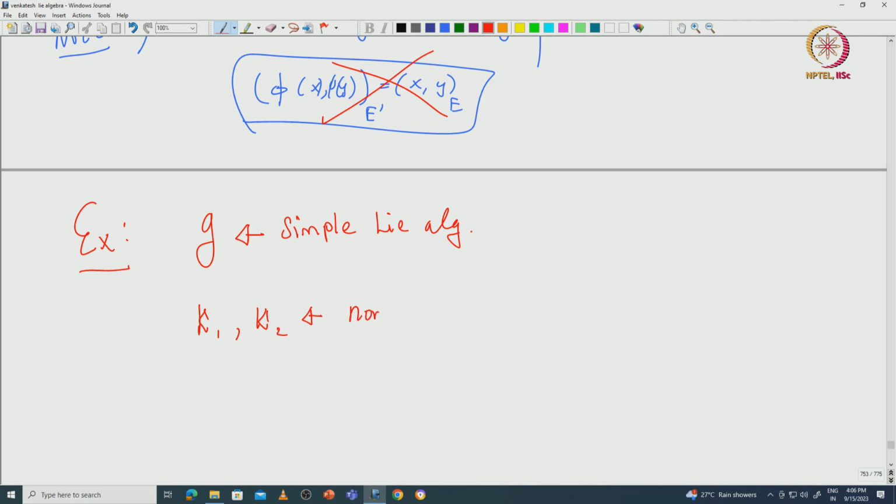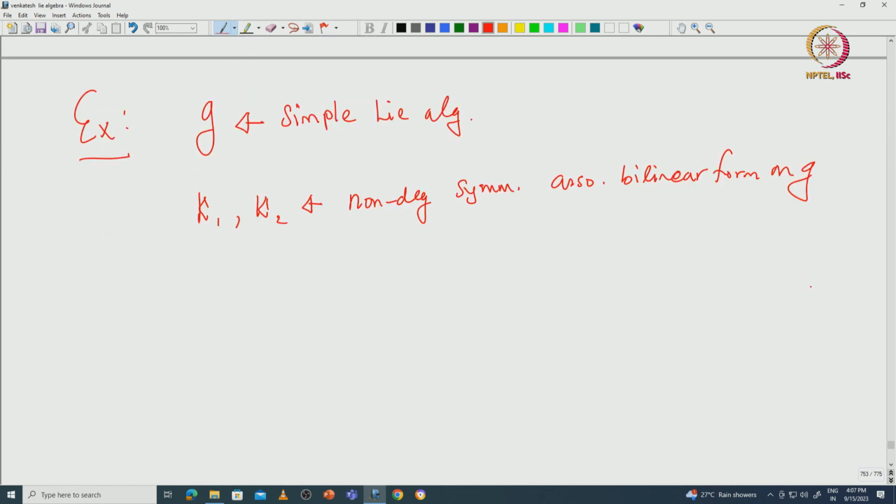These two are non-degenerate symmetric associative bilinear forms on G. Then one can prove that they must be proportional. That means there exists some scalar C such that K 1 is C times K 2.